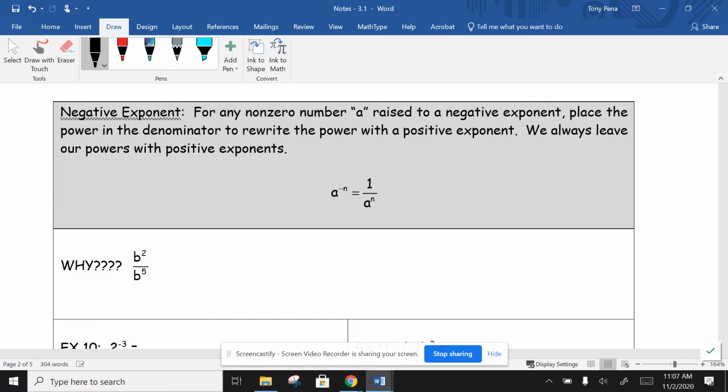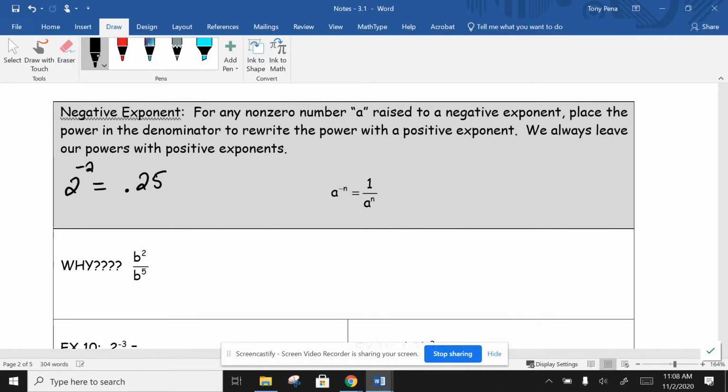All right, so the way I usually show this, and again, if you have your calculator, feel free, I usually do 2 to the negative 2, and I tell people to put that into their calculator. And then they're usually very surprised when the calculator spits out 0.25. Where did that 0.25 come from? How is 2 getting raised to a negative 2 going to give me 25 cents? And it's because of this rule here.